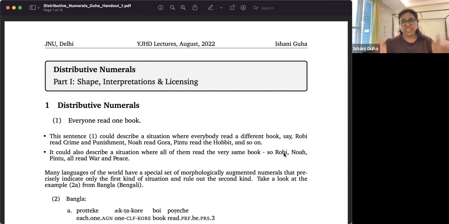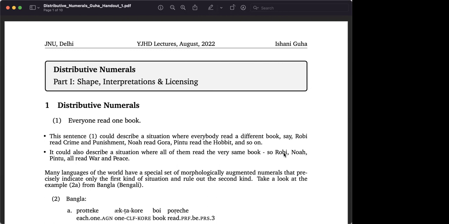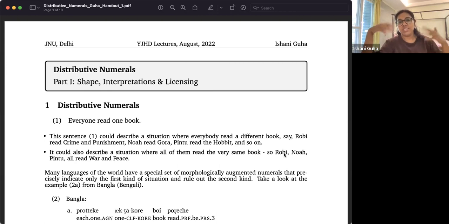This is a linguistic entity. And naturally, whenever you select a linguistic entity as your topic, it cuts across very many theoretical issues. So this is not one issue. This is the morphological realization of numerous questions and puzzles.